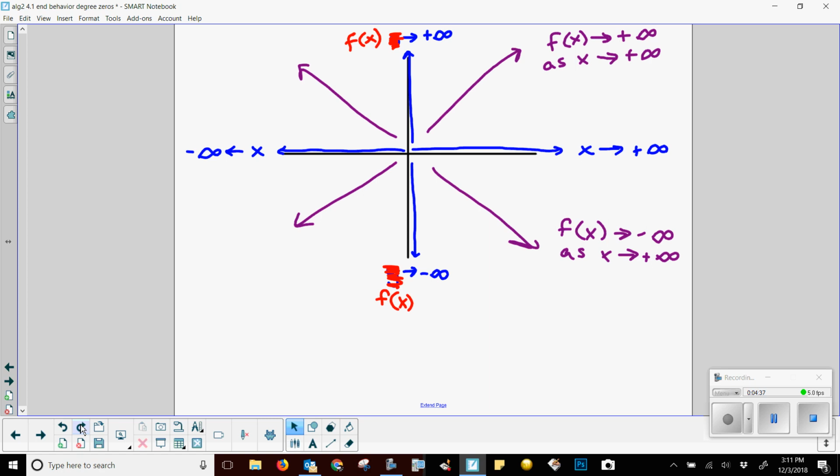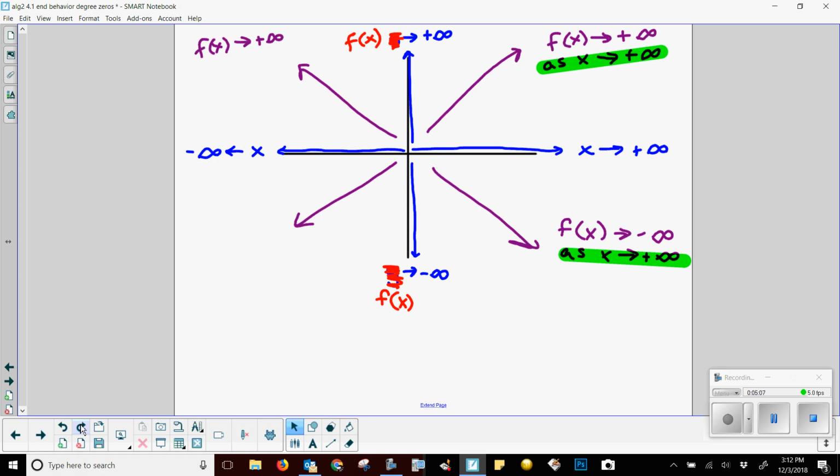We don't talk about it that way. We say f of x approaches negative infinity as x approaches positive infinity. Now those are the same because they are both going to the right. All of our functions are only going to use one of these. We cannot have a function where both of them go to the right. So you just have to figure out, as we go to the right, are we going up or down? And then you choose one of these to talk about.